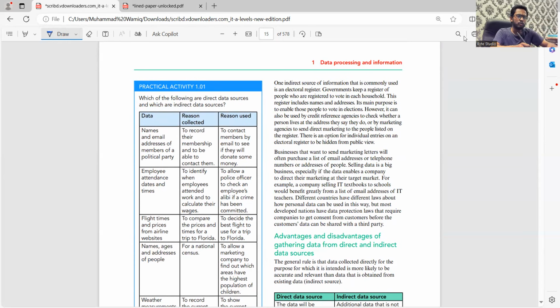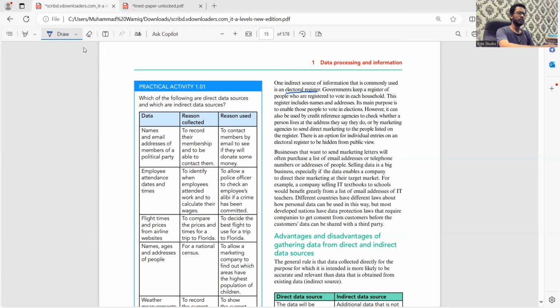One indirect source of information that is commonly used is an electoral register. In your past paper and in your exam, there was one question in which you were requested to define what is an electoral register.